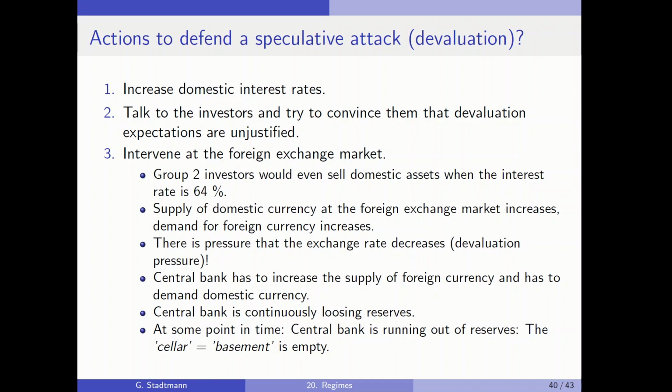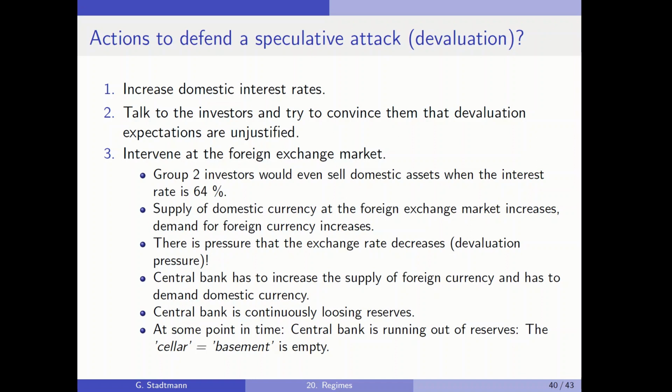The central bank has to defend the fixed exchange rate and has to supply foreign currency because foreign currency is strong, and has to demand domestic currency because domestic currency is weak. Since the central bank is increasing the supply of foreign currency, the central bank is continuously losing reserves.